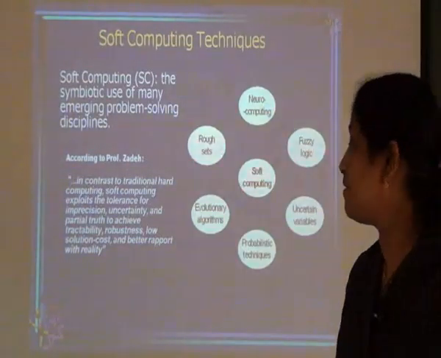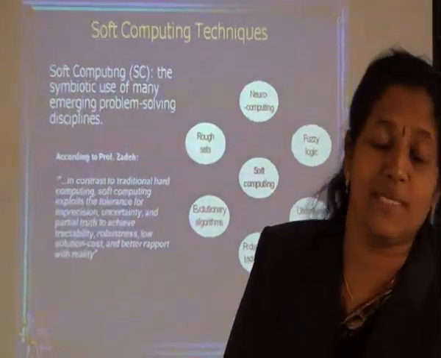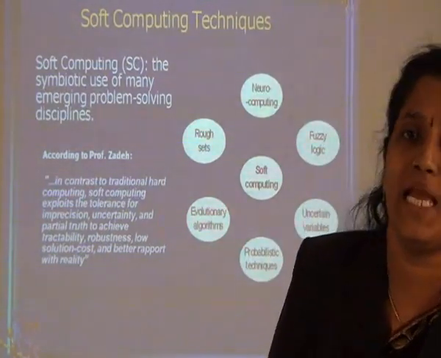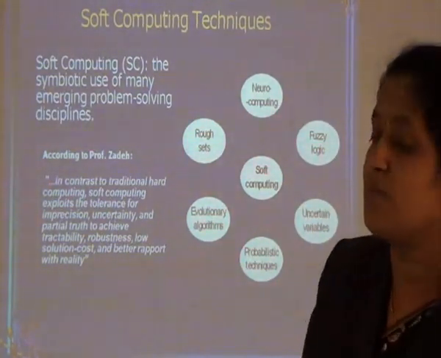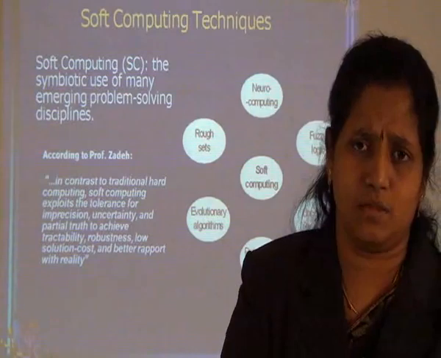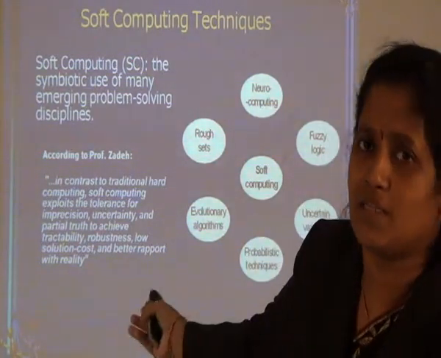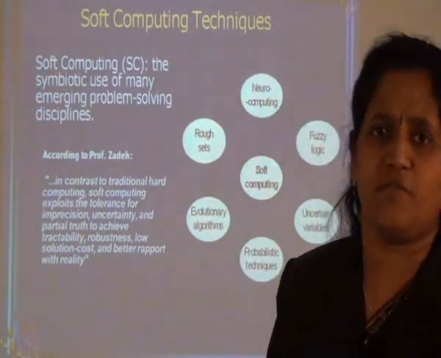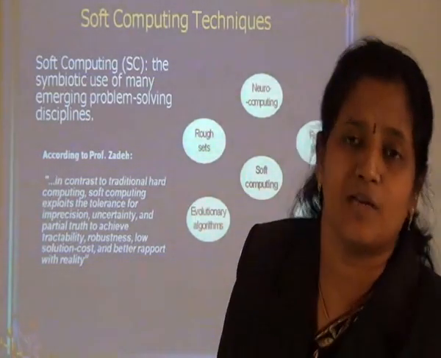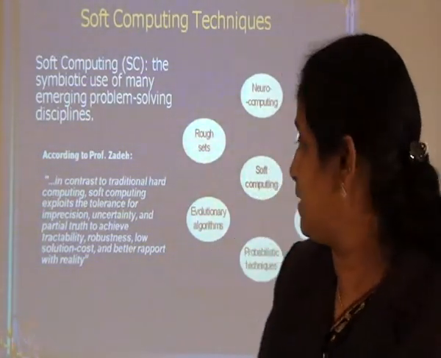What is that? It is nothing but a symbiotic use of many emerging problem solving disciplines. If you put all these disciplines together, you will get soft computing. The main components of soft computing are three: neural network, genetic algorithm and fuzzy logic.